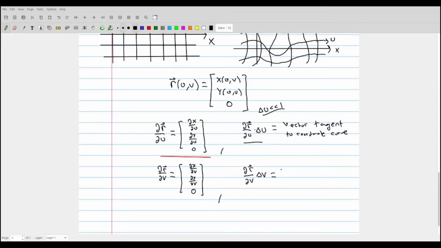This is a vector that's tangent to the coordinate curve in the direction of the v axis. Well, this is a vector that's tangent to the coordinate curve in the direction of the u axis.